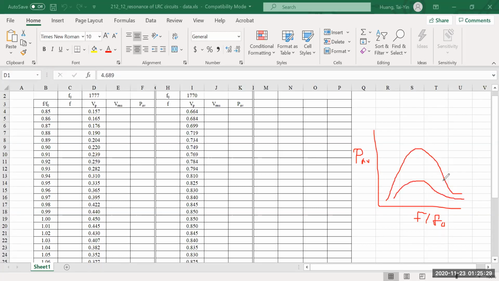Instead of doing 2 figures, I want you to do 1 figure with 2 curves on it, so you can see immediately which one is which, and label what value is this R and what value is that R. And you can see immediately that when you have a smaller R, you should get a narrow curve like this, and the other one will be something like this, okay? So in other words, I want you to put two curves on one figure, so you can see them directly and compare those two curves, okay?